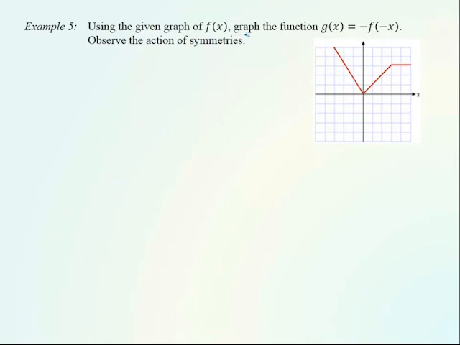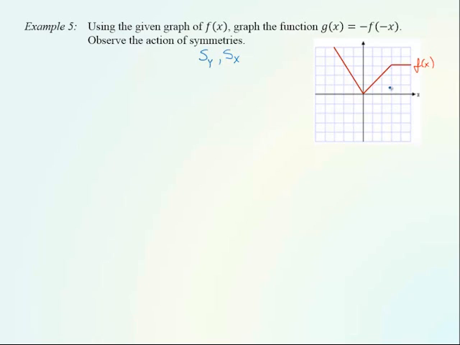Next exercise is to look at the combination of these two symmetries. So the outside minus indicates symmetry in the x-axis, and the inside minus represents symmetry in the y-axis. And in this case, it actually doesn't matter which symmetry we apply first. So we can observe the symmetry in the x-axis first, starting with this given function f of x.